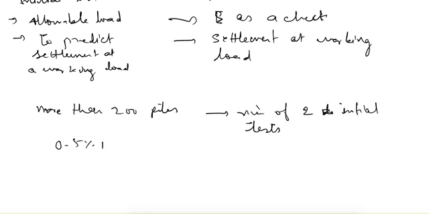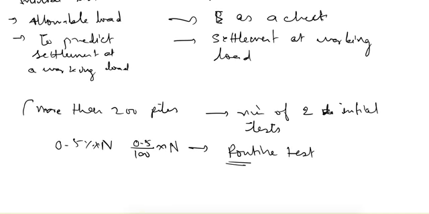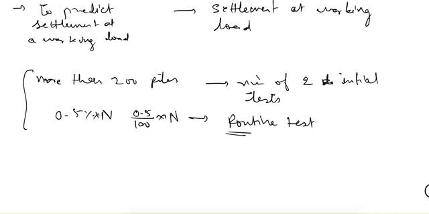If the number of piles is n, then 0.5% times n, that is 0.5 by 100 into n, should be the number of routine tests. From this we get the number of piles on which the routine test is required to be conducted. This way we can find out how many tests are to be conducted in the field.